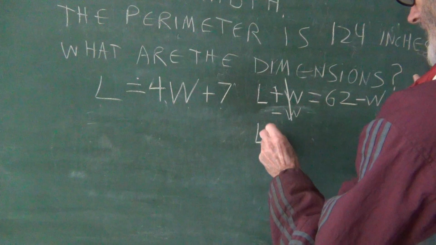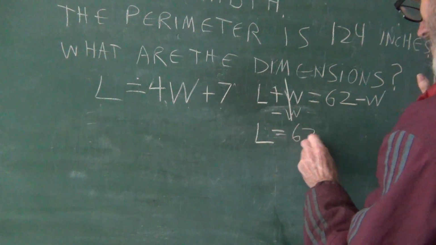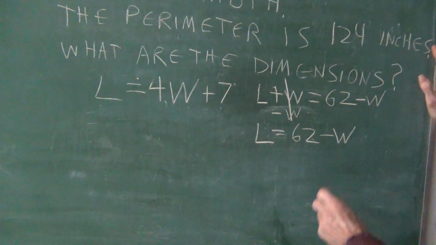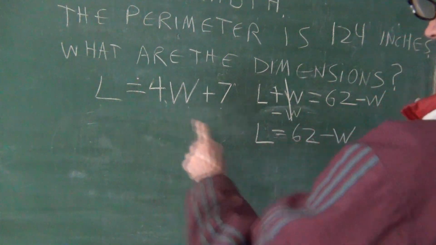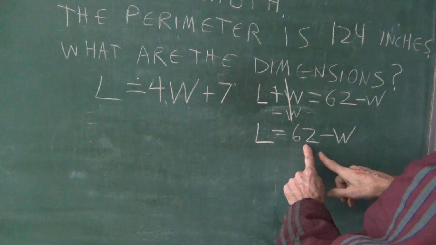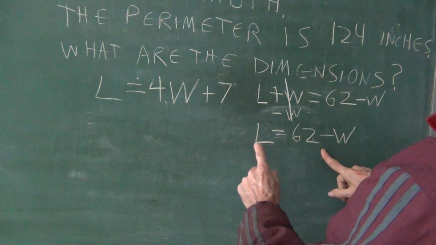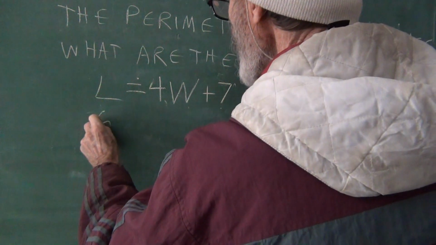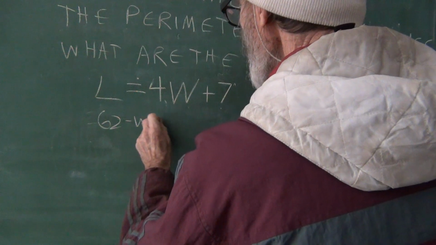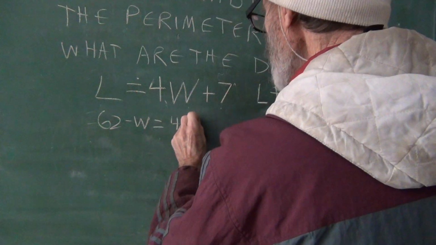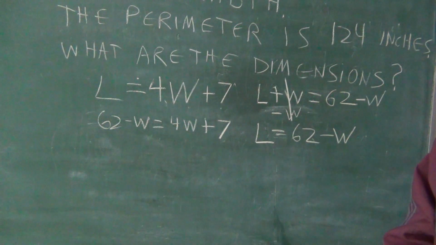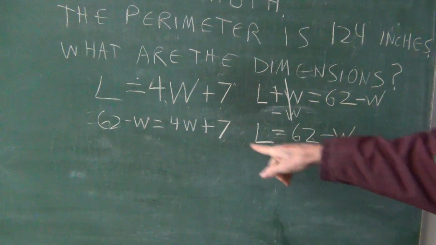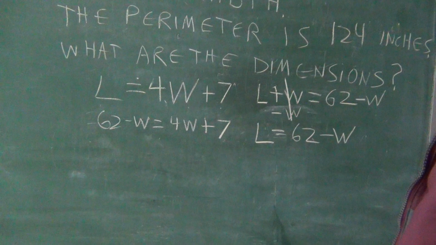And so that means length equals 62 minus W. So let's go over here. Now instead of writing length, we're going to write what length is equal to. So substituting in 62 minus W equals 4W plus 7. Okay, now you notice you only have one variable now because we substituted out the L.